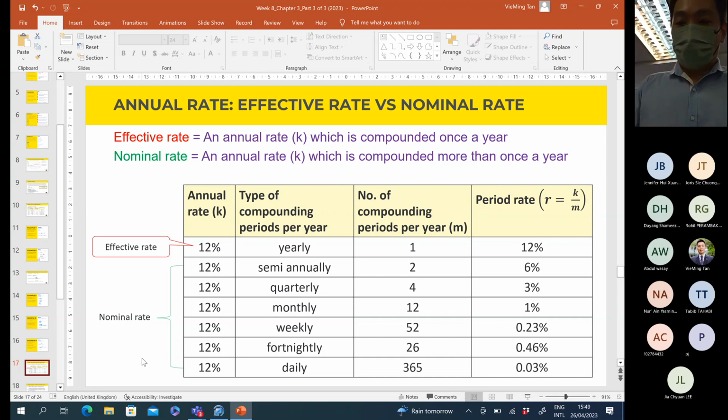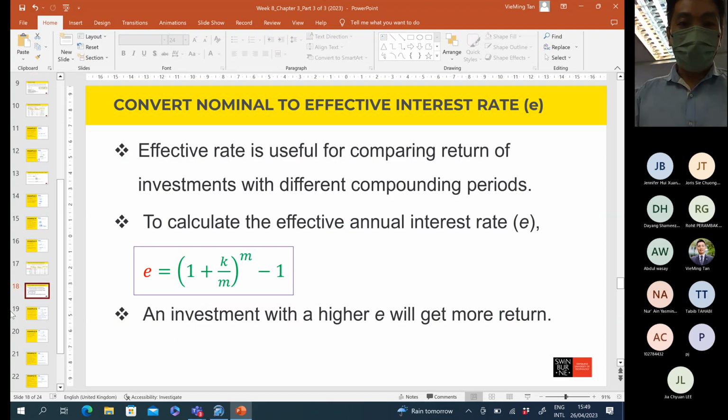I just want to differentiate the effective rate and nominal rate for you, because there are so many ways to calculate the compound interest rate. If you want to compare which interest rate is better for an investor or which is more costly for the borrower, it's better to convert all of the interest rates into effective rate so that we can do the comparison.